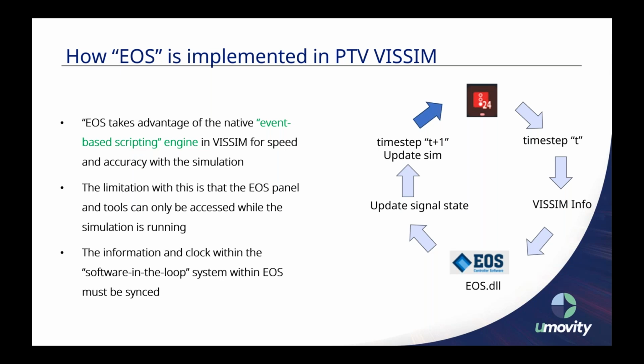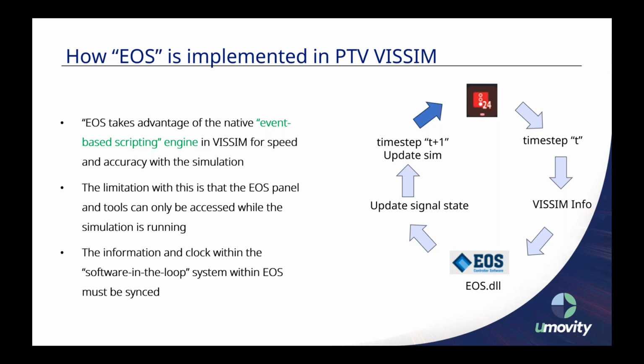So the simulation needs to be running in order to access the web front panel. This is a bit different from the things we've done in the past. You can see the diagram there to the right. Anyone who's done any of the scripting or looping within Vissim would recognize this, how between each time step, the information gets passed between the DLL to update the signal state.